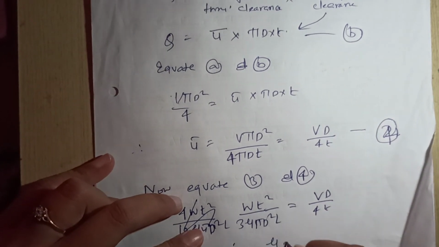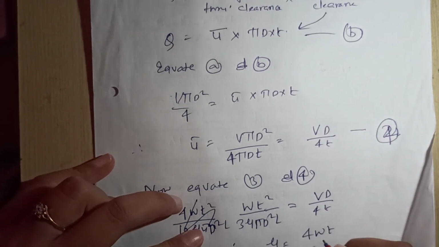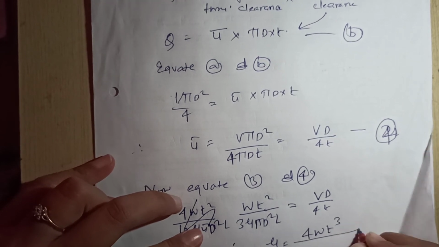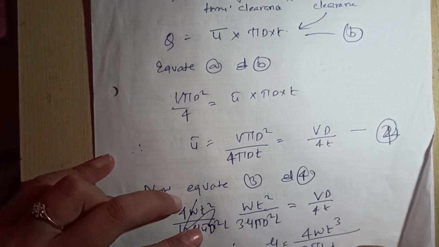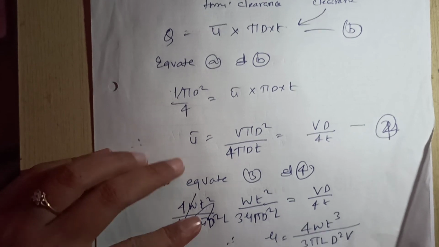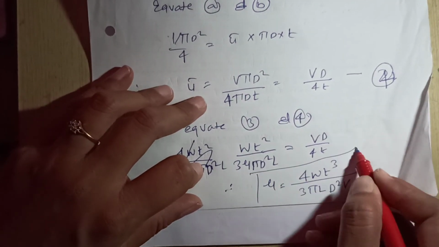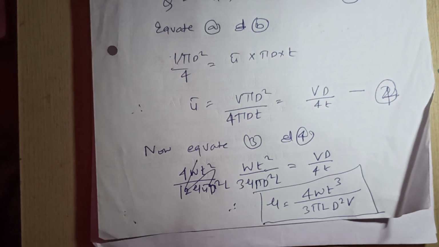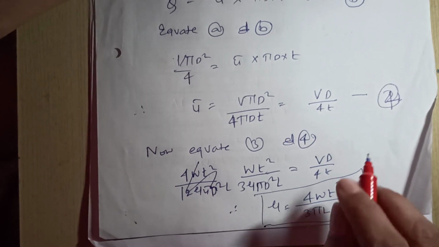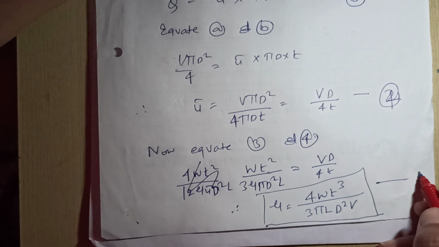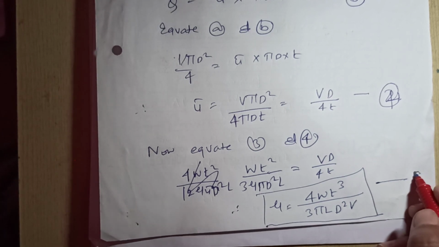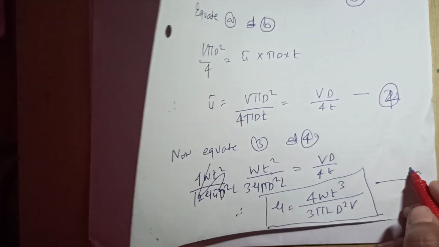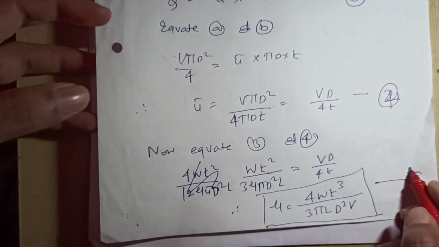Therefore mu is equal to 4 W t cube upon 3 pi L d square V. That is the expression for viscosity of any fluid in a dashpot mechanism. This expression could be asked in examinations, and it is one of the favorite questions of the examiners, along with one numerical based on that. So let us solve one.